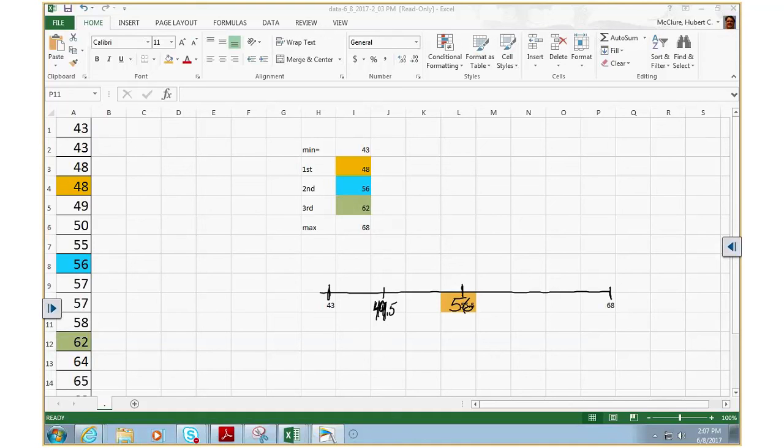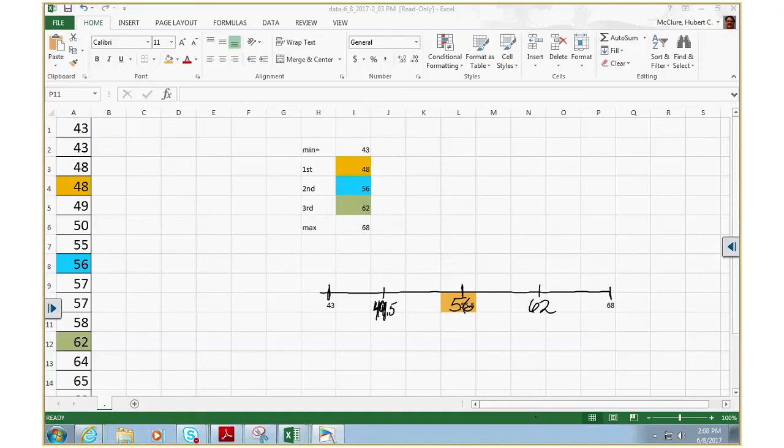All right. 56 plus 68 is 124. 62 or 124, right? 56 plus 68. That's what I said.